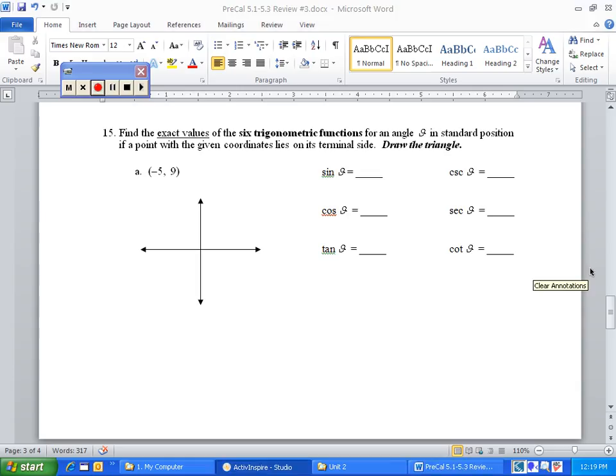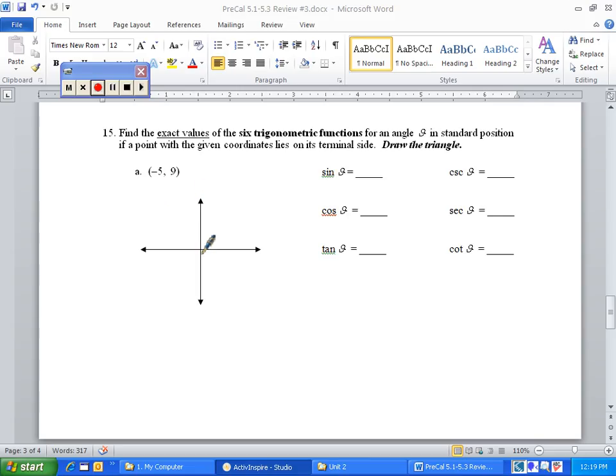Alright, last one. It says find the exact values of the 6 trigonometric functions of an angle. So the first thing you want to do is plot that point. So we're going to go left 5 up to 9 and make your point.